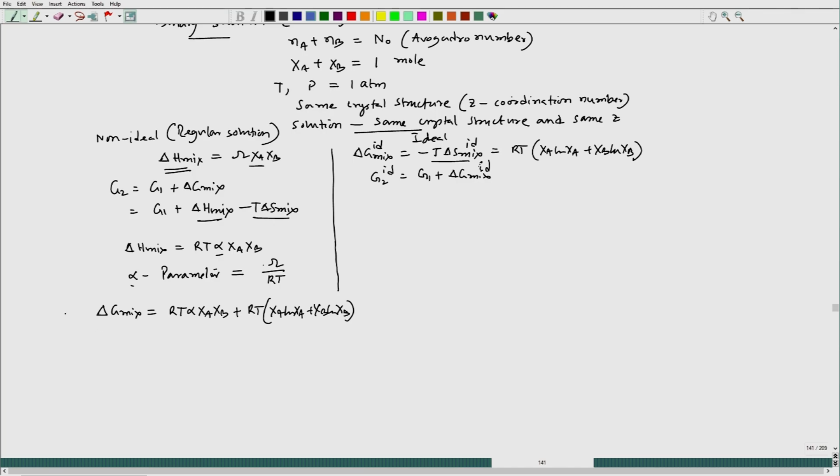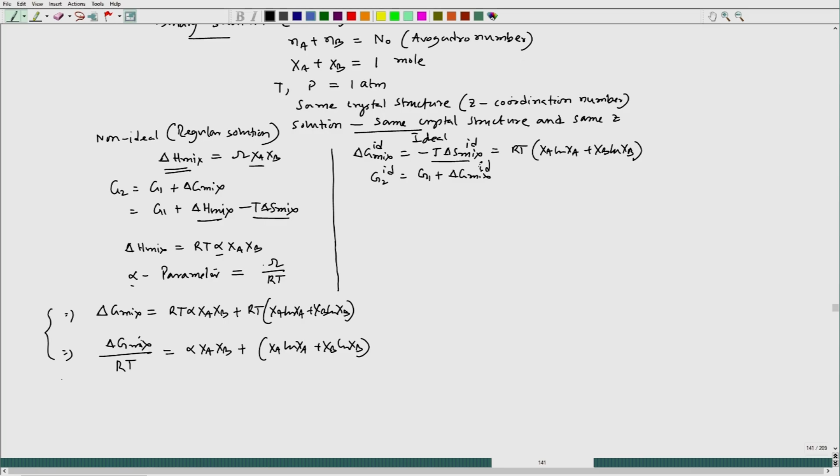So then I can convert this into: this is equal to alpha x_A x_B plus R T [x_A ln x_A plus x_B ln x_B]. We can put it like this.